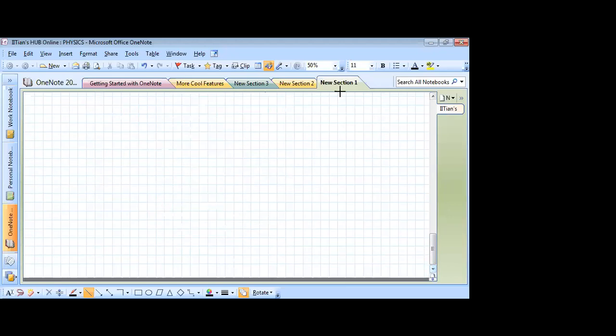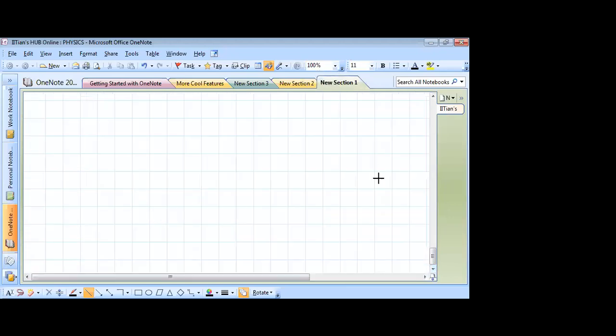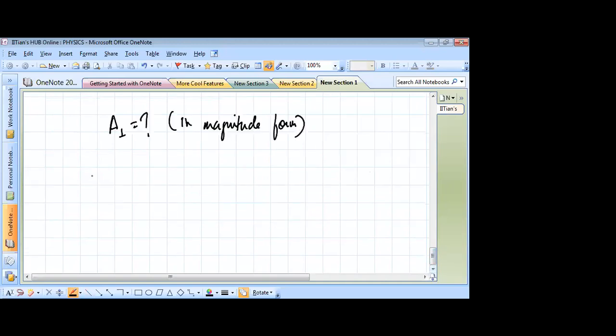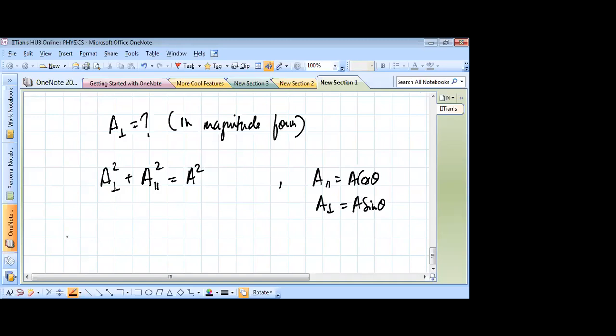Now let's come to the perpendicular component. The next thing we want to find out is the perpendicular component in magnitude form. So we know that E perpendicular square plus E parallel square is nothing but E square, since E parallel is E cos theta and E perpendicular is E sin theta.